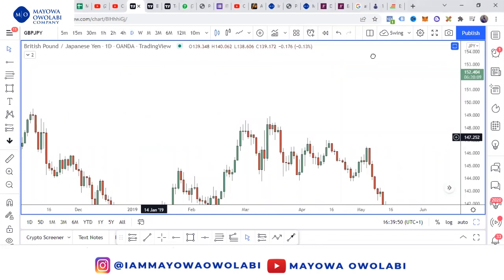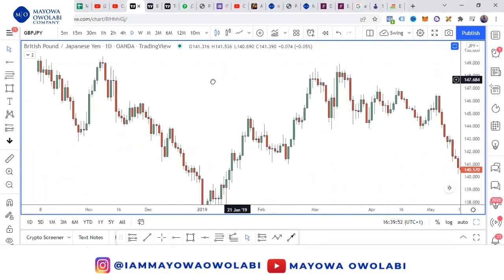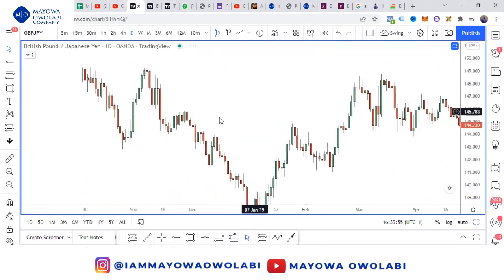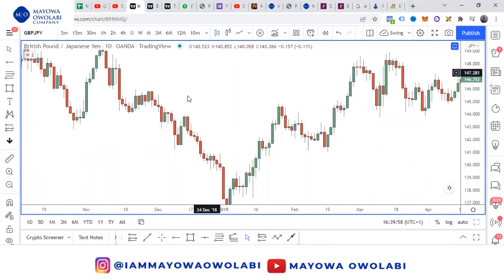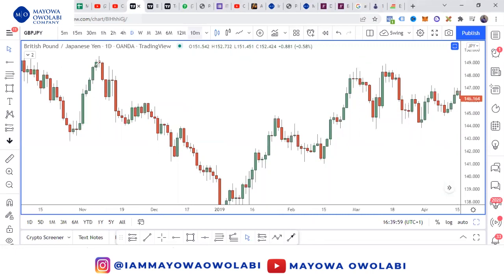So let's get this into work. Cool. Now, let's start the journey from here. We have a rally, a base, a drop. We have another rally, a base, a drop. Now, you will agree with me that this has a break of structure.